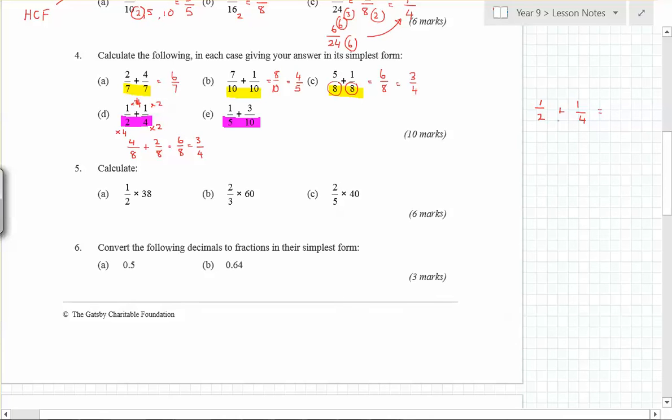How do I make 2 into 4? Multiply it by 2. So what if I only multiply the first one by 2? I end up with 2 over 4 plus, don't do anything to this one, 1 over 4. The answer will be 3 over 4. It's already simplified.